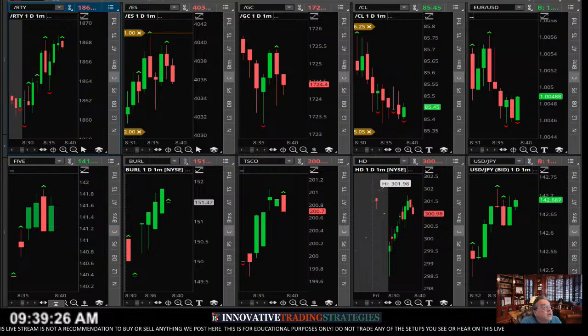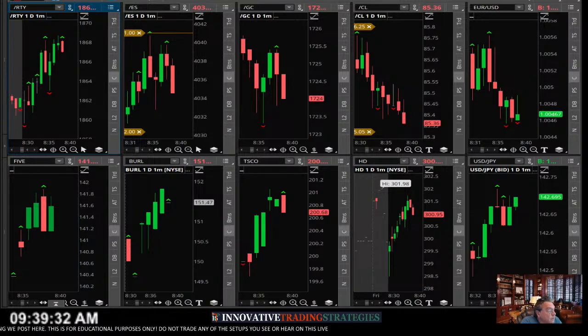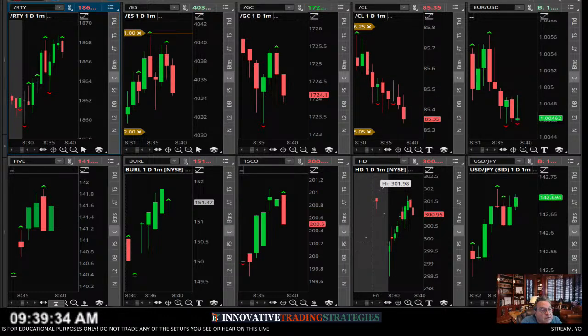Okay, continue to hang on to the short E-mini S&P, short crude. No new triggers on the stocks, nothing on the currencies.